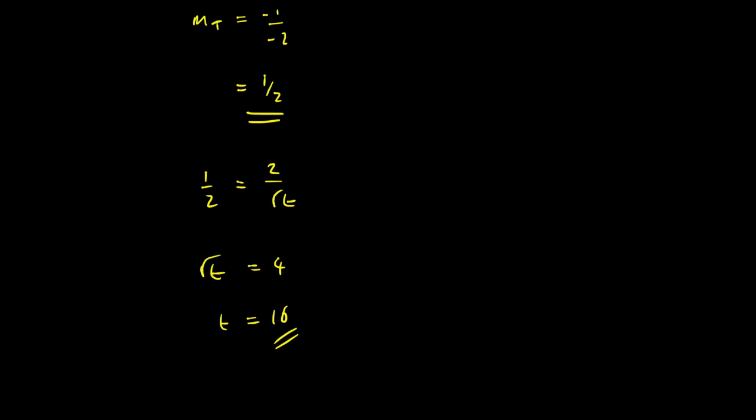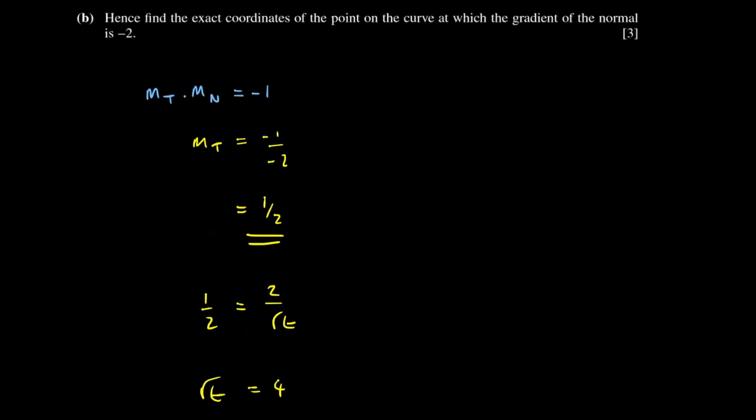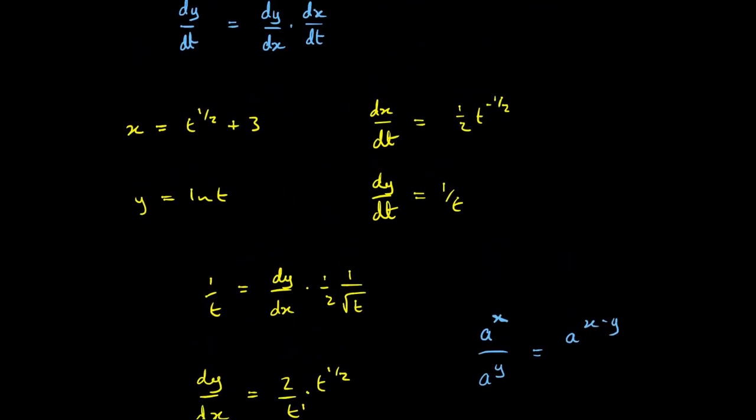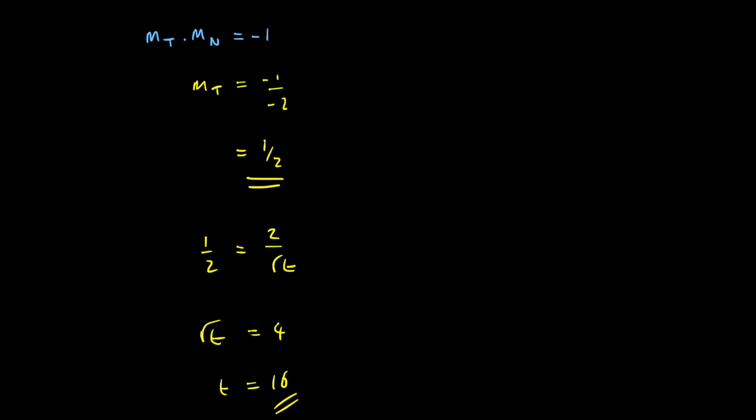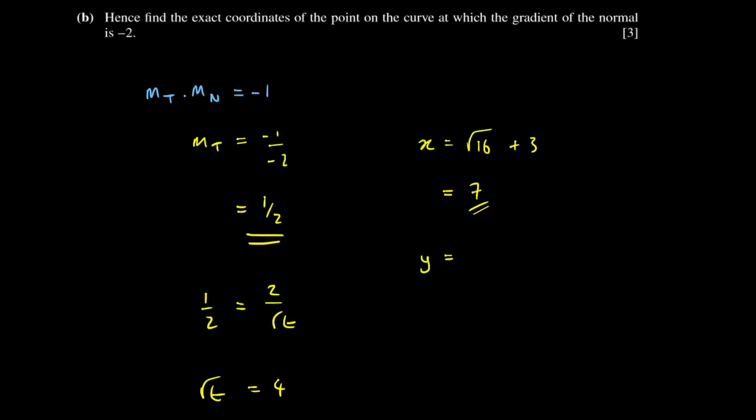And what we're asked to do is find the exact coordinates. So our x value was the square root of t plus 3. So x is going to be equal to the square root of 16 plus 3, and the square root of 16 is 4, plus 3 is 7. And the y coordinate was given by, I think it was ln t, wasn't it?